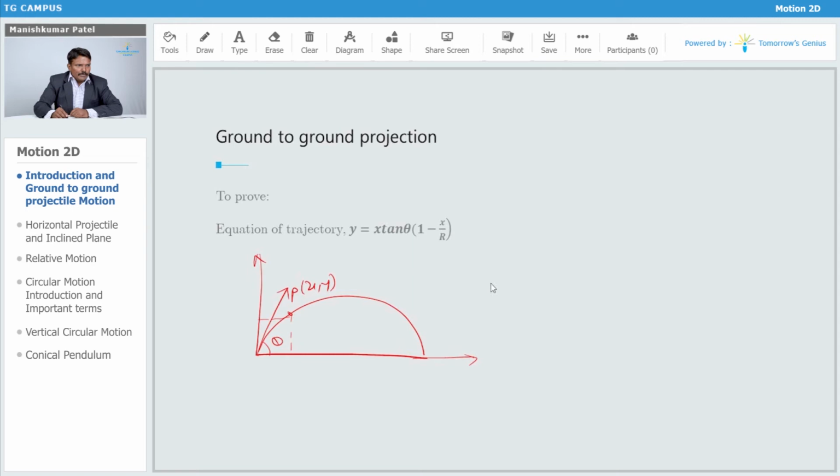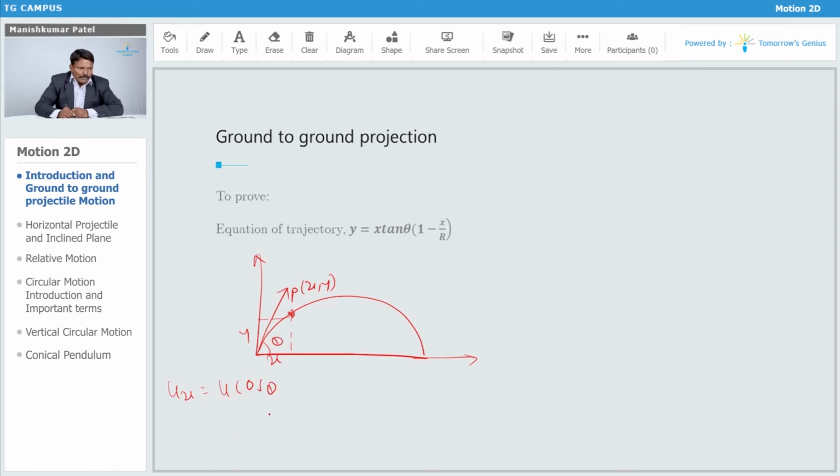So let's consider those points. We have already considered that P is equal to x comma y. Then the time it will take to travel the distance x: we know that the horizontal component is u cos theta, so ux is equal to u cos theta, and it will take a certain time.